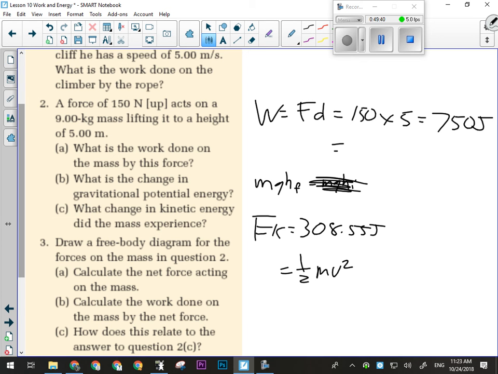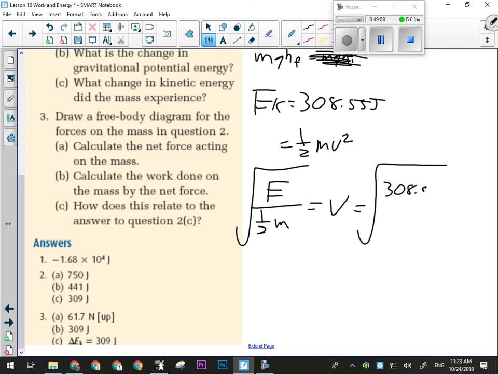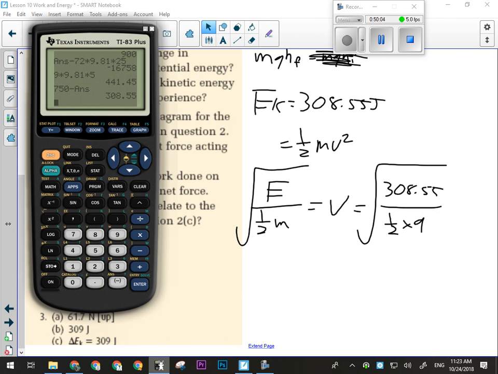All you have to do is manipulate this for v. Which means E over 1/2 of m, square rooted, will get you v. I just divided both sides by half of m and square rooted to eliminate the square. So that'll be 308.55 divided by 1/2 times 9. Oh, not 9, sorry, 4.5.